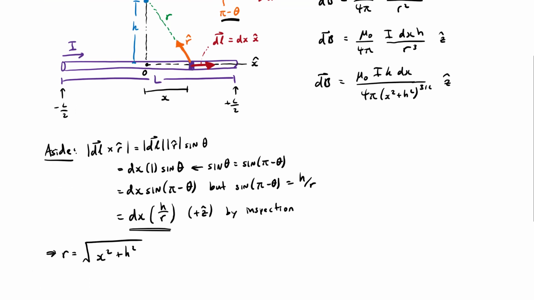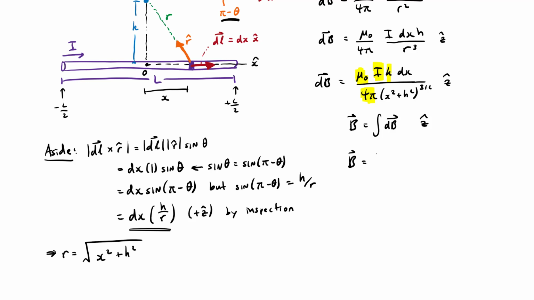Okay, so that means I can now solve. So I have B equals the integral of dB, and it's all in the z direction. B is equal to, I'm going to factor out all of the constants that I have, so mu naught, I, h, and 4 pi are all constants.